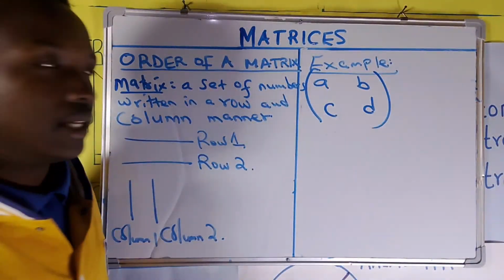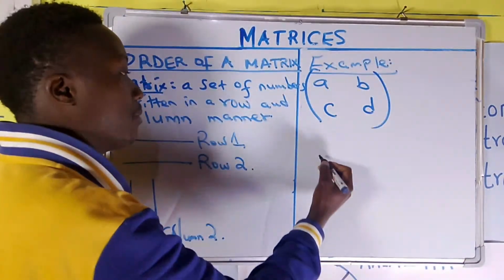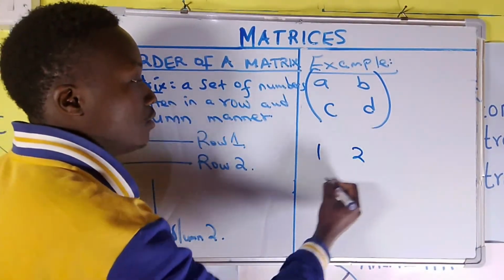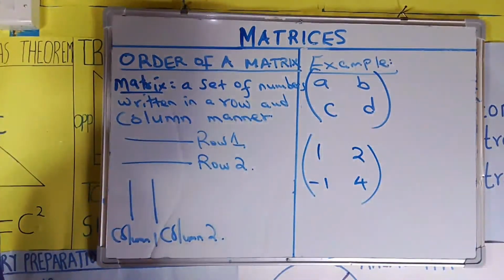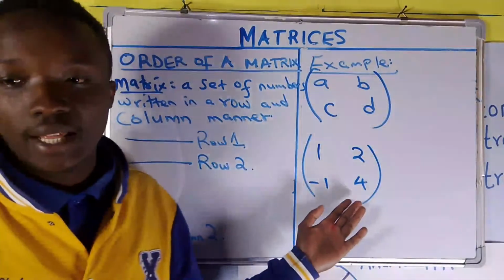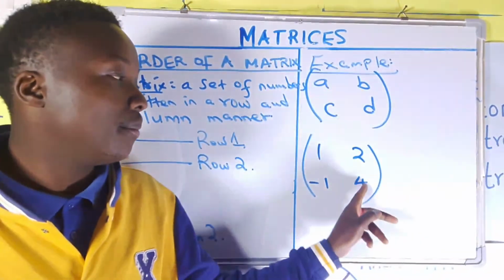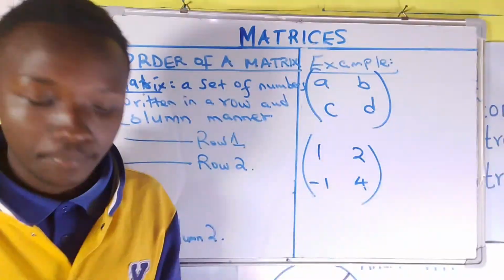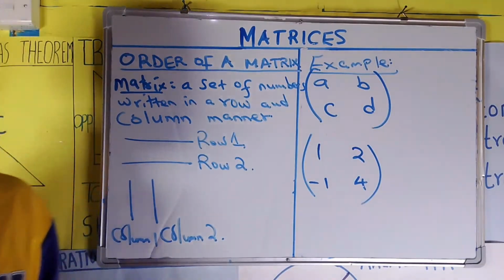So generally, that is what we call a matrix. If we have another real example, we can have 1, 2, negative 1, 4. 1, 2, negative 1, 4 is also another example of a matrix because it is written in row form and in column form.